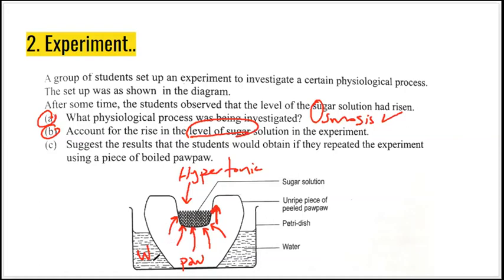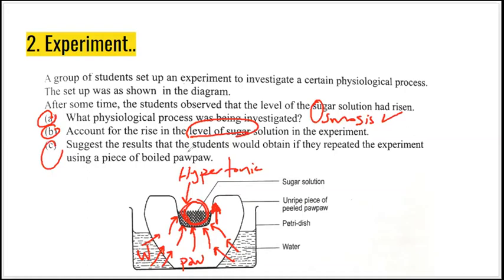Now there is another source of water here, which is in the petri dish. That water is now attracted to the potato because water has been drained by that solution. So all the water tries to move towards that solution, so the level has increased.